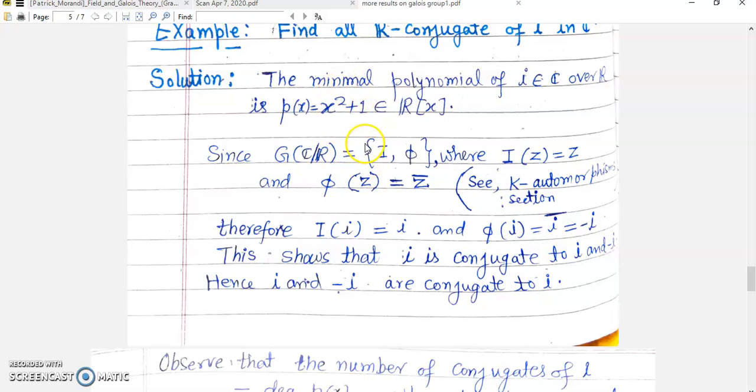It means this is an example of a field extension C of R where the number of conjugates of i is exactly the same as the degree of its minimal polynomial.